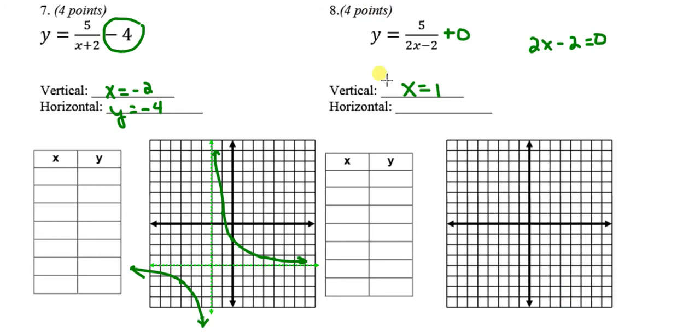So once again, I put my line in there. x equals 1 is that. And the horizontal, we're not adding anything extra, so it's just y equals 0, which is the x-axis. So that's the same line. And just in order to save some time, I'm not going to plot points, but it's going to look like this.